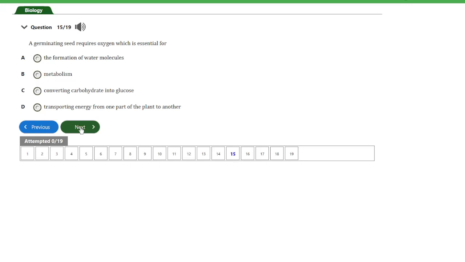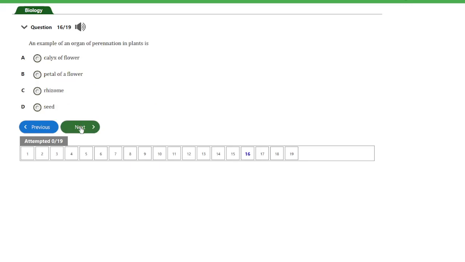So guys, the answer to this question is option B, and that's metabolism. The major reason why plants need oxygen is to carry out chemical reactions, and these reactions are metabolic processes.